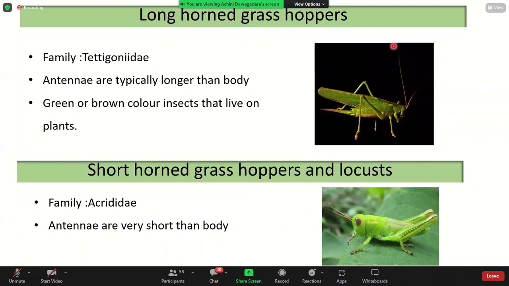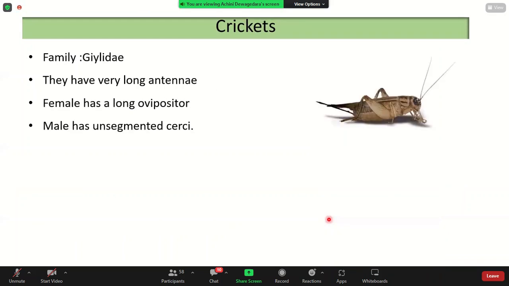Here they have a very long antenna, and this antenna is even longer than their body, right? I think you have seen this type of grasshopper, and green or brown color insects are available. And the short-horned grasshoppers, here you can see they have a shorter antenna. They are shorter than their body. And crickets, I think you have seen crickets as well.